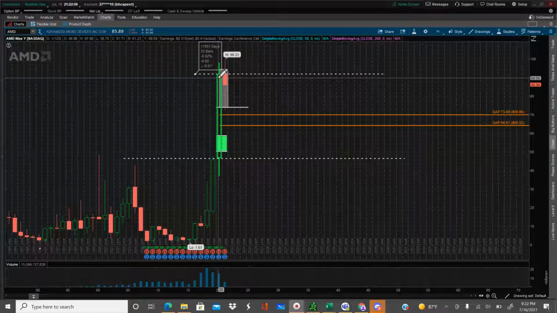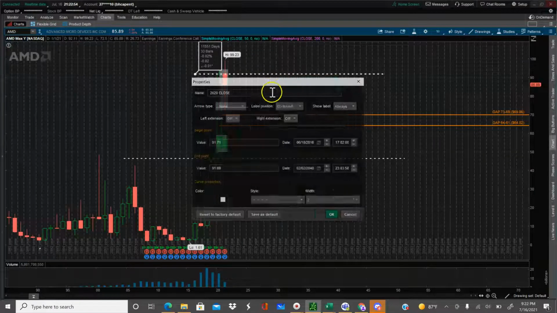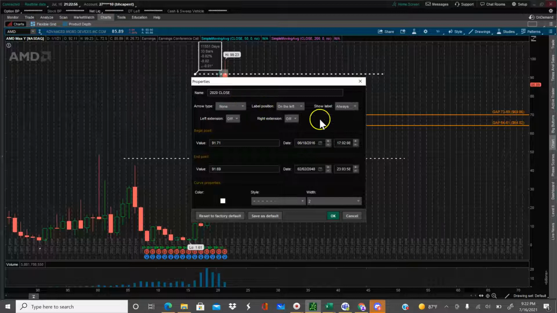What else can I see here? I'm just going to change this here. 2020 close. Show label on the left. I'm not sure what I've done here. Let me see. Label position. I don't really want a label position.